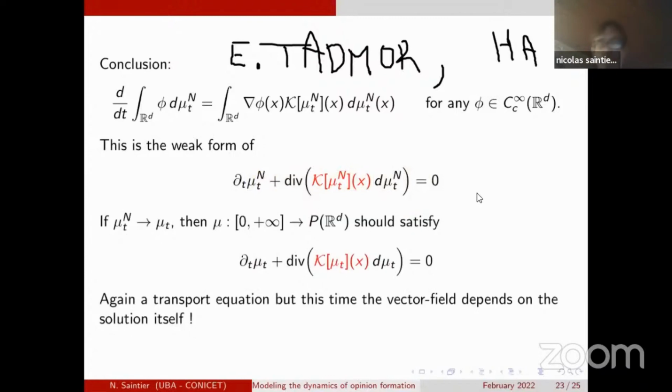And if informally we send n to infinity, in that case, this measure should, at least for any time t, converge to some limit measure mu_t. Then this mu_t would satisfy this equation. And it would be very nice to have some kind of existence, uniqueness and also a continuity result with respect to the initial condition. Let's see how we could do that.